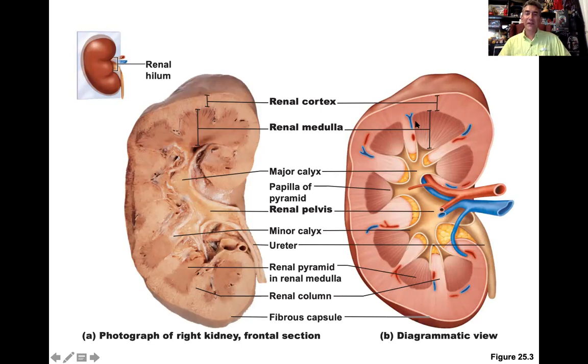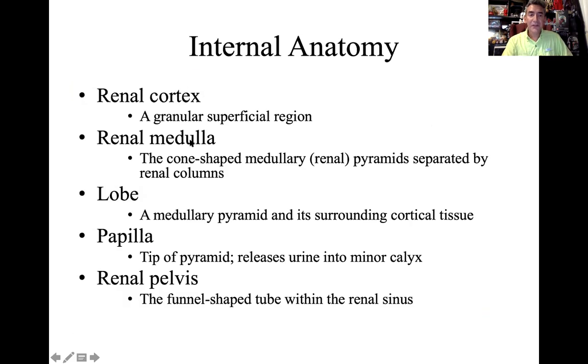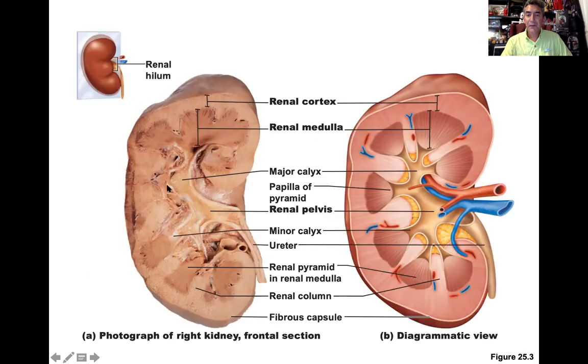I've always thought they look more like seashells, but they don't call them renal seashells, they call them renal pyramids. Our renal pyramids are made up of the medullary aspect here. So there's our cortex and medulla. And then we get into this idea of the pelvis, the part where there's that little curve, that little bend there. So the renal pelvis.